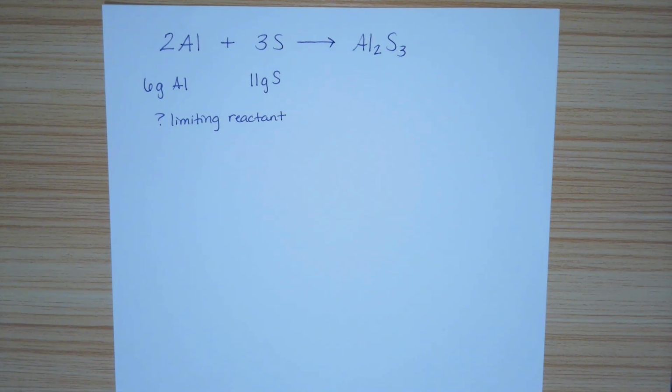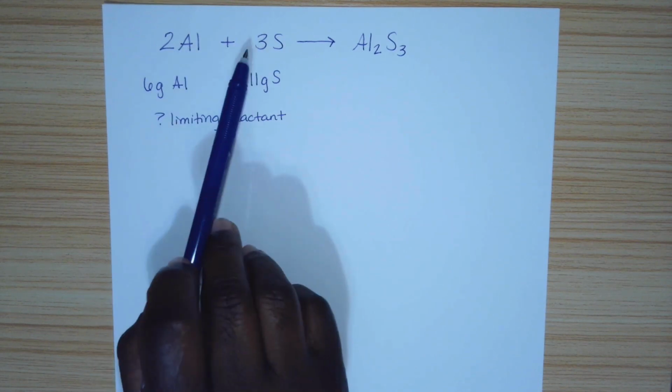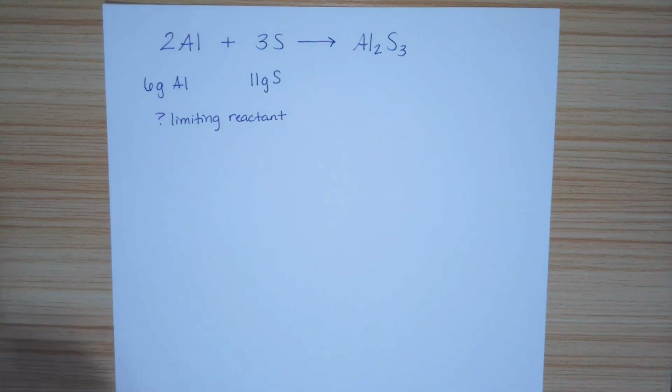The mole to mole ratio basically utilizes the coefficients, which tell you how much of each component is either needed or formed during that reaction. So with this particular reaction, this 2 and this 3, and there's an invisible 1, all of those are telling you how many moles of those substances are needed or formed during that reaction.